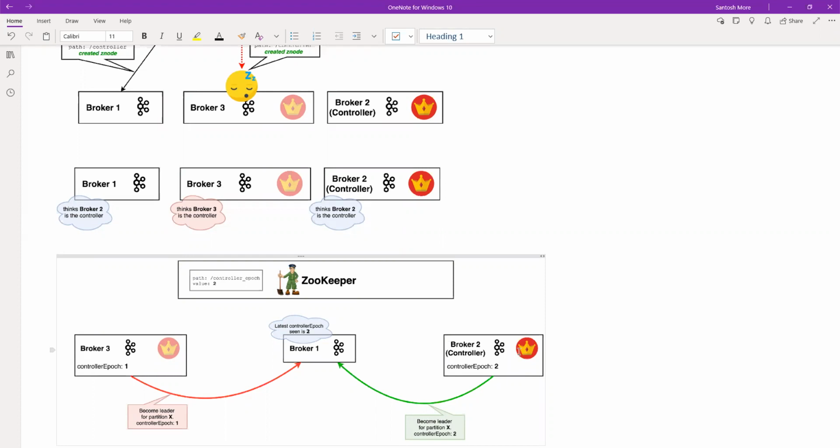What happens? Yeah, see, this is what my opinion is. If a broker is the controller, even if it goes down for a small amount of time, the cluster will be totally unreliable. It will be very unsafe and very fragile.